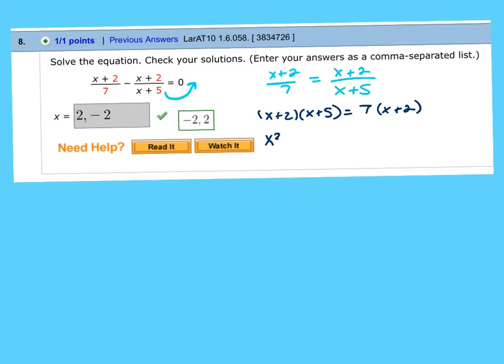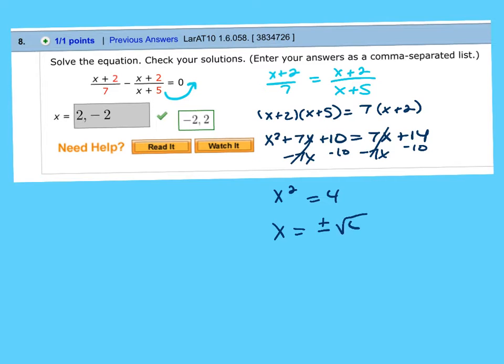So I'd get x squared plus 7x plus 10 here, and then 7x plus 14. Subtract the 7x. X squared, subtract the 10, would equal 4, and x would equal plus and minus the square root of 4, which is plus and minus 2.